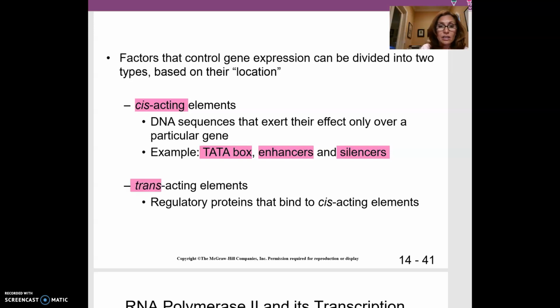Trans-acting elements, these are crazy because these things actually regulate the cis-acting elements. So, the way I remember it, cis controls the gene, controls gene expression.